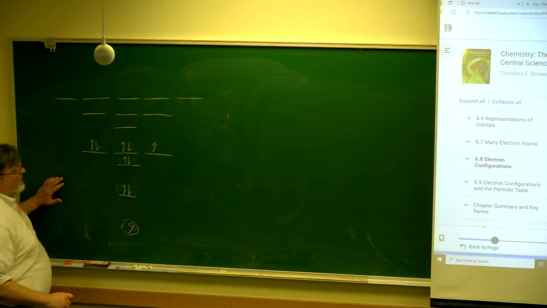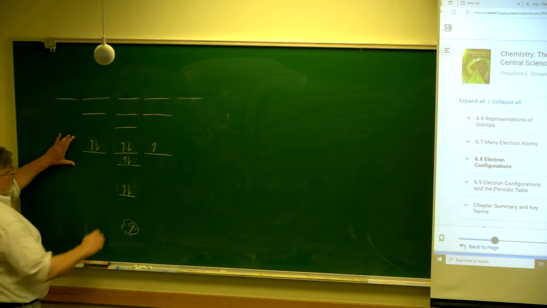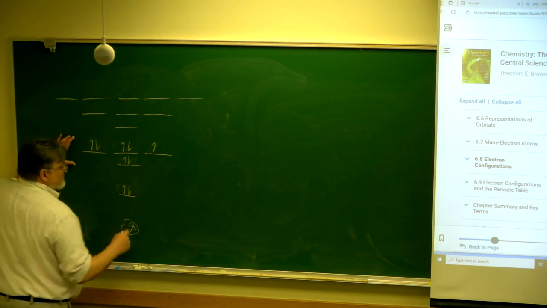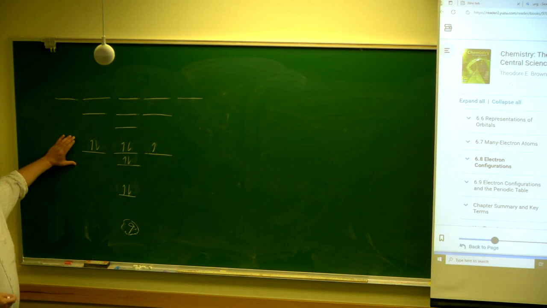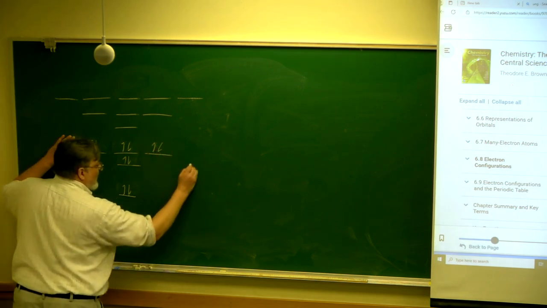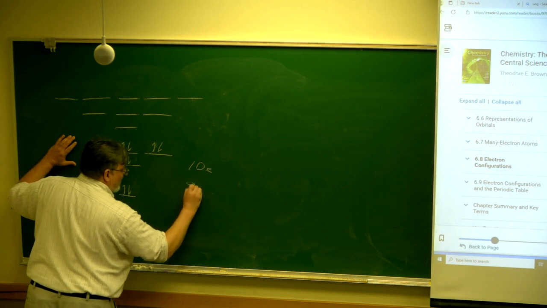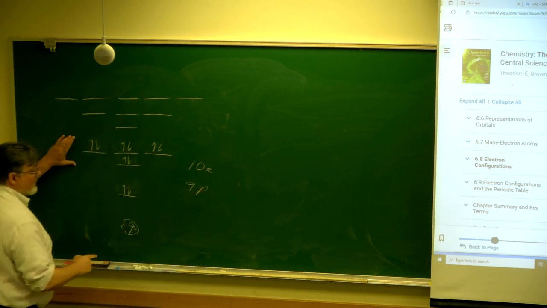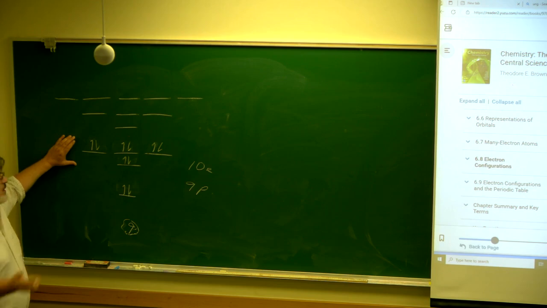But filling up this orbital and these 3 orbitals gives an atom a special sort of stability. So fluorine actually has this motivation to grab an extra electron. Now I've got 10 electrons and 9 protons. Electrons are negatively charged, so that gives it the -1 charge.